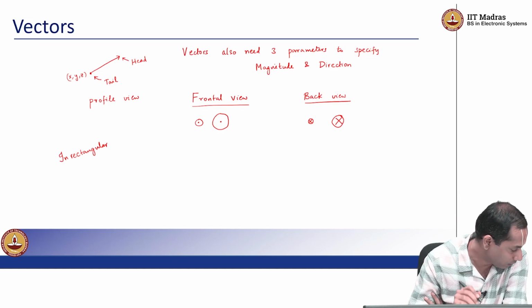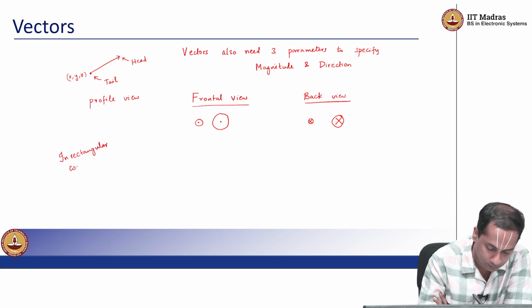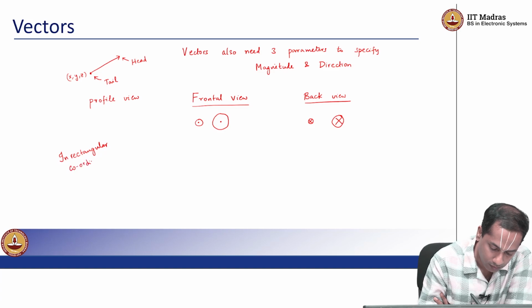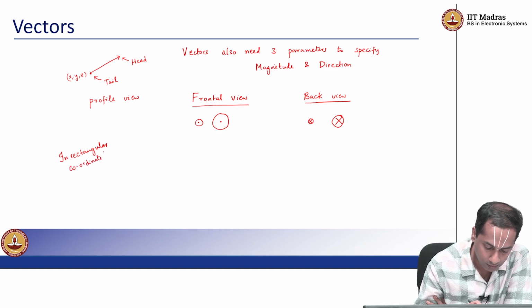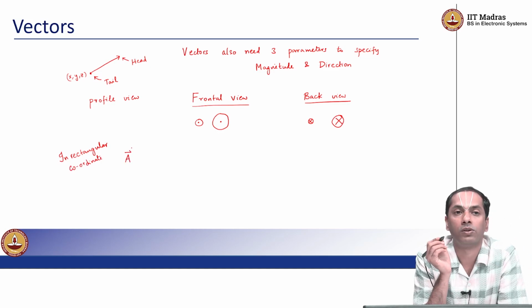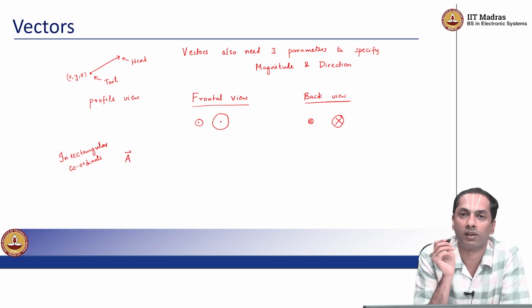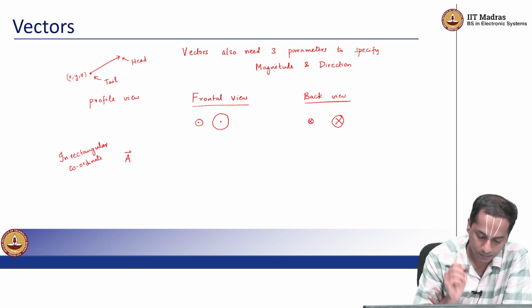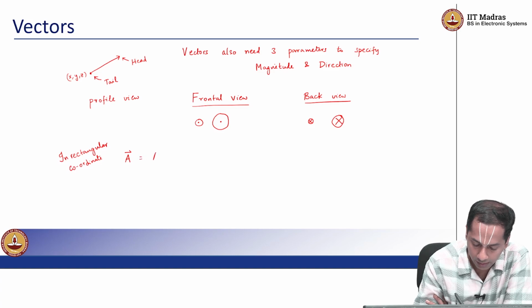So in the rectangular coordinate system, I can represent a vector A usually with a small arrow on the top, or some textbooks use boldface, right? It can be written as Ax times Ex plus Ay times Ey plus Az times Ez.